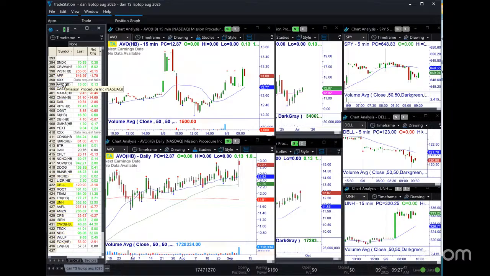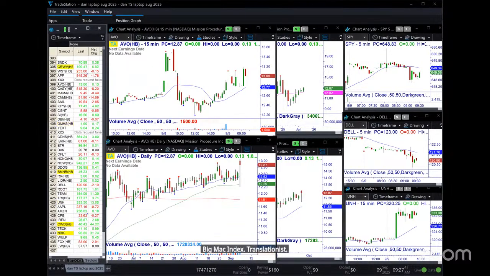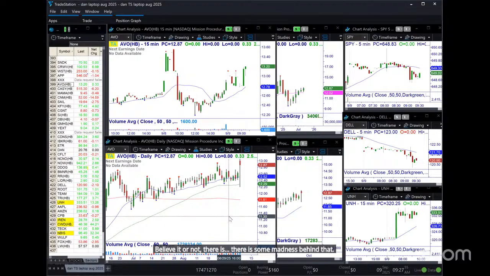Big Mac index. True-flation is, but well, Robert, believe it or not, there is some madness behind that, because it has to do with what type of people go to McDonald's.